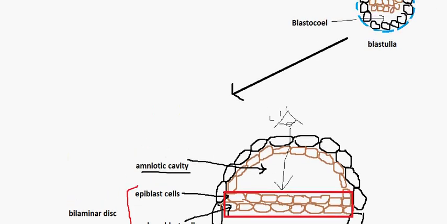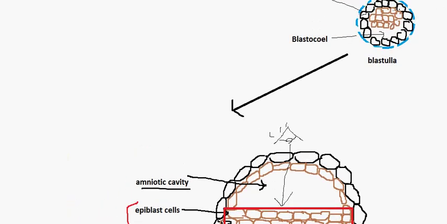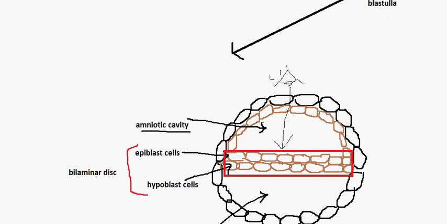The inner cell mass in the blastula stage was all compact in one point, but here the inner cell mass has formed this cavity, and also this bilaminar disc, which comprises two layers, as the name suggests: bilaminar, two layers.